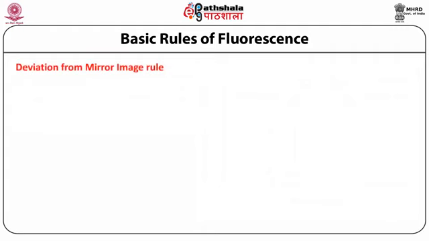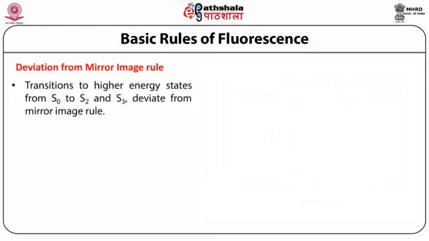Deviation from the mirror image is observed for transition to excited states higher than the next excited states. As an example, the excitations from ground state S0 to S2 or S3, second excited states or third excited states.